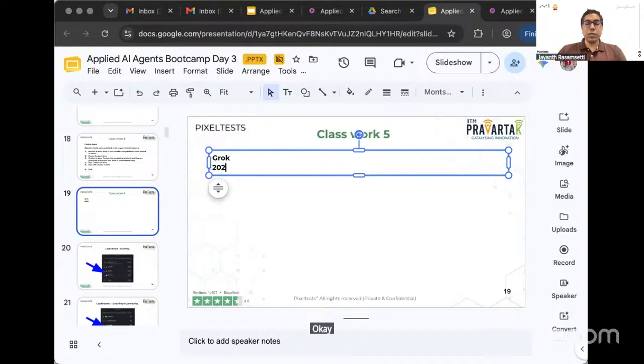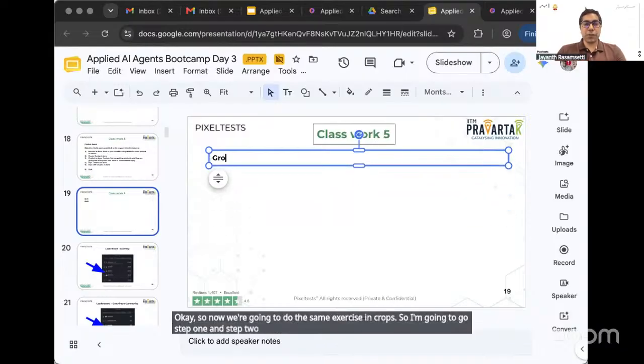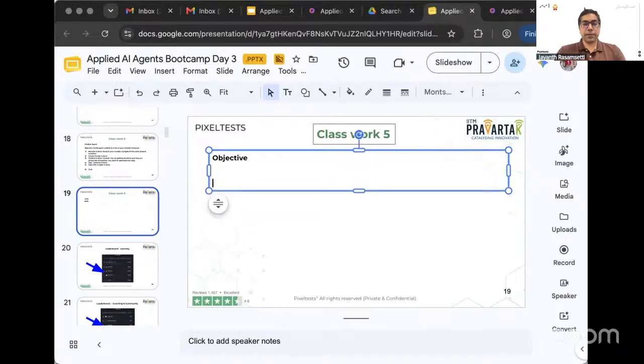Okay, so now we're going to do the same exercise in Grok. So I'm going to go step 1 and step 2. Objective: build the same.